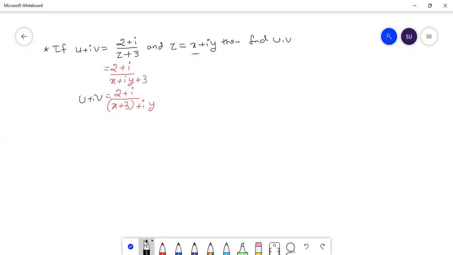Now rationalize it by taking the rationalizing factor, that is multiply and divide by x plus 3 minus iy.